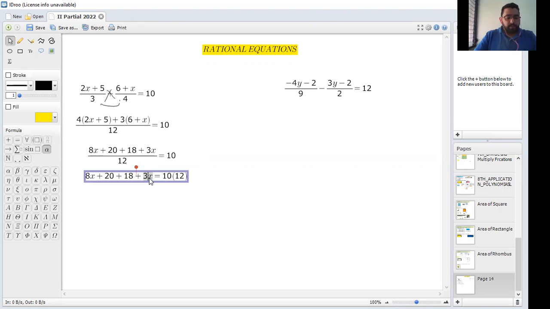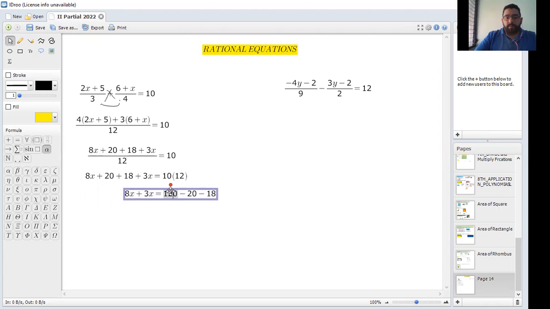After this, you need to combine like terms. In this case, we have 8x and 3x. So we take out the 20 and the 18. 10 times 12 is 120. And then we move positive 20, we subtract. Positive 18, we subtract here.